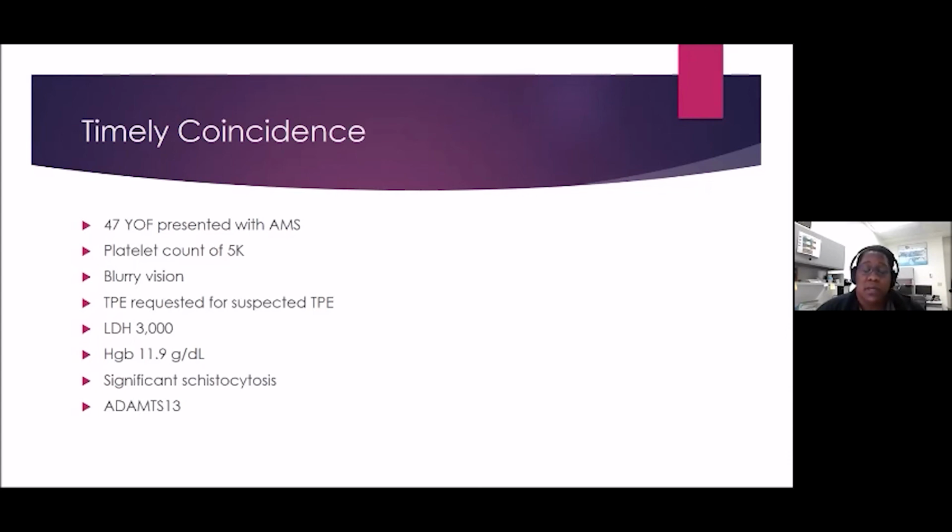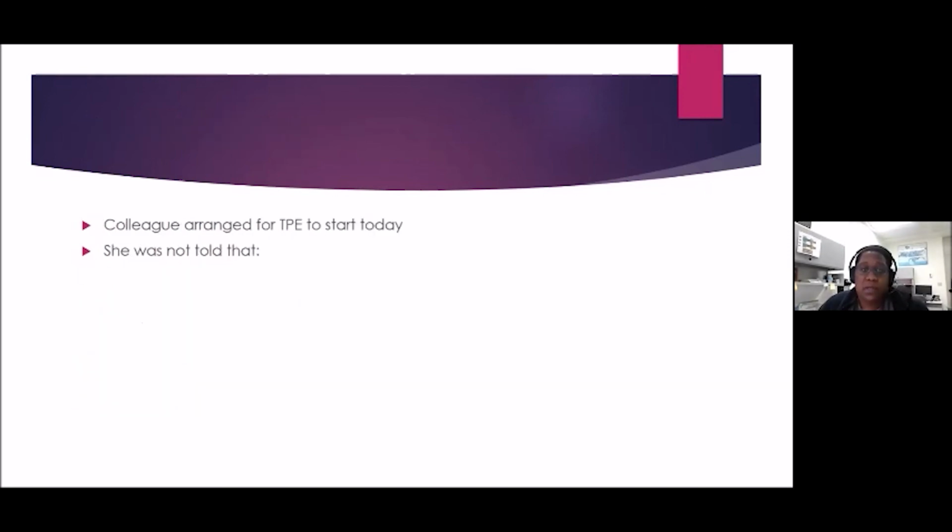So the team naturally suggested TPE. Oh yes, marked schistocytes. Her LDH is over 3,000. Her hemoglobin is not bad though. And so we're thinking this could be TTP, and her ADAMTS13 was drawn and sent off.